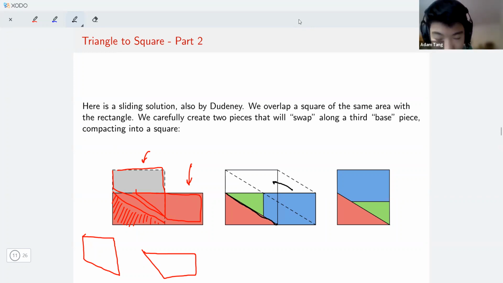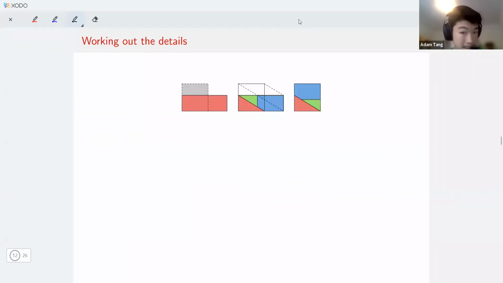In doing so, we can fill the top region, and the remaining triangle will slide down, kind of like leapfrog, where blue hops over green and fills in the remaining portion. There are quite a few details that we have to make sure work.